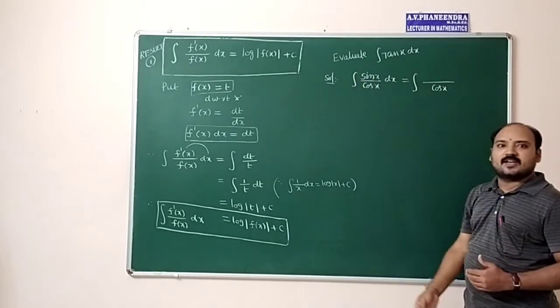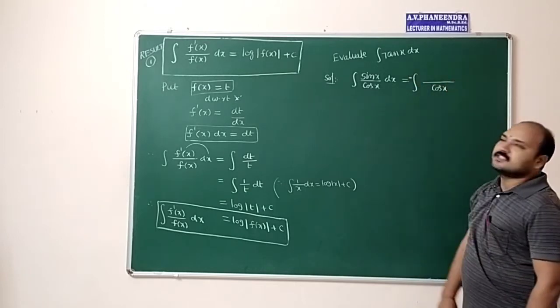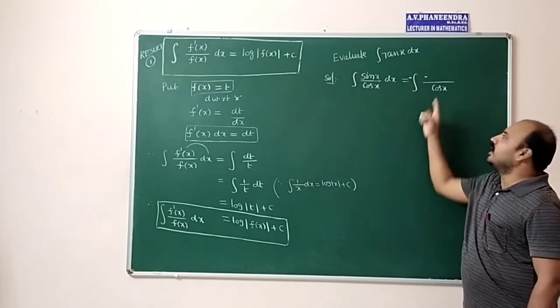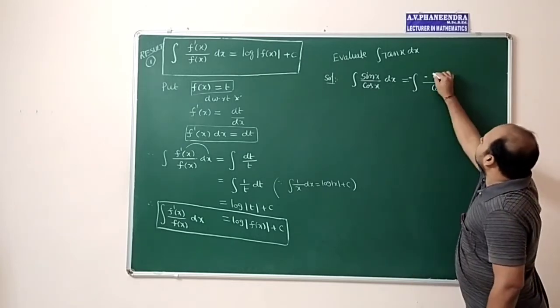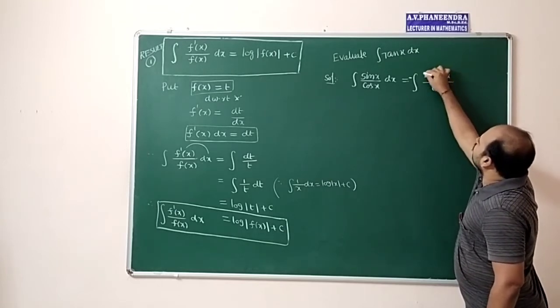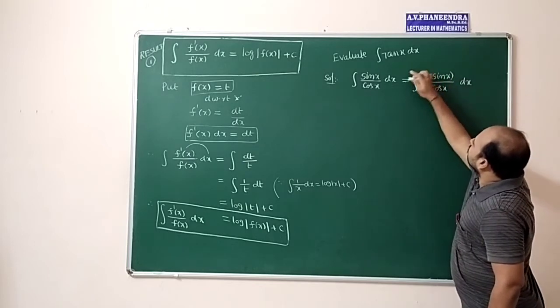To get minus sin x in the numerator, you have to multiply by minus before the integration symbol. After the integration symbol, if you put minus, the meaning will be plus only, sin x into dx.